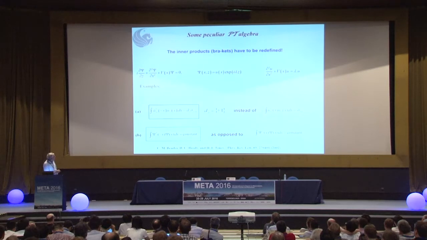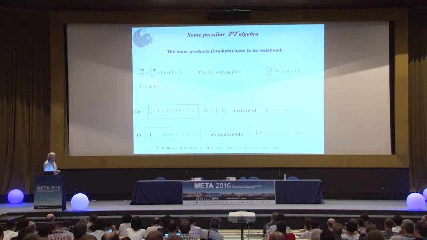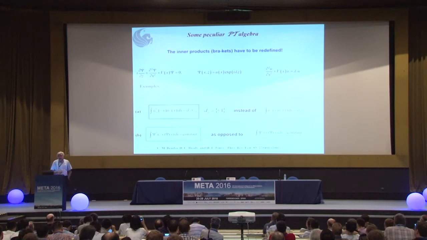If parity time symmetry is obeyed instead, you see here in the bra that you have to reflect the coordinate. As opposed to probability being conserved, which is the case in quantum mechanics, if you impose parity time symmetry, the anti-probability is conserved. All these peculiarities are a byproduct of parity time symmetry.